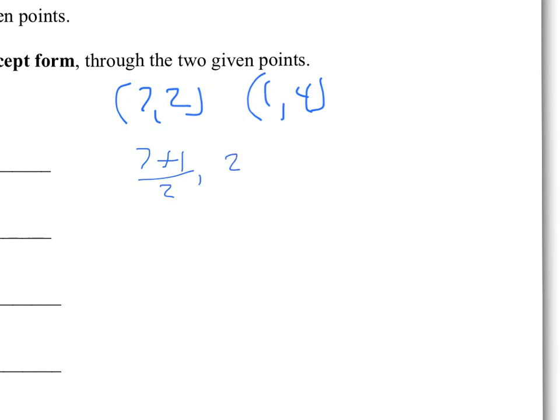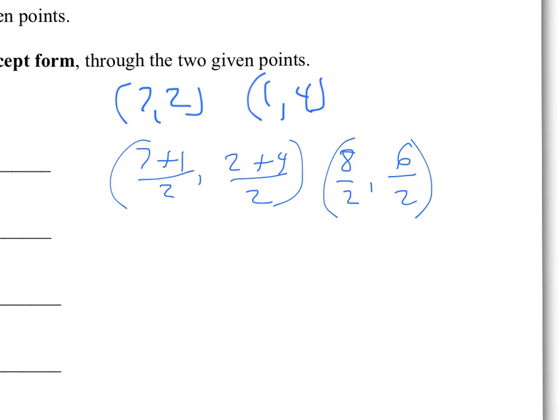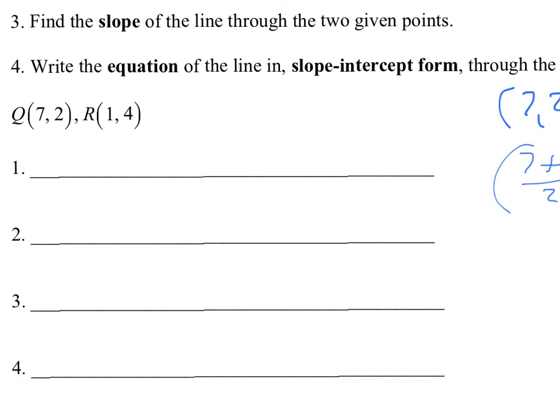Take the y's and add them, 2 plus 4 divided by 2. 7 plus 1 is 8 over 2. 2 plus 4 is 6 over 2. Simplify that, and we end up with 4, 3. So, my midpoint is 4, 3.